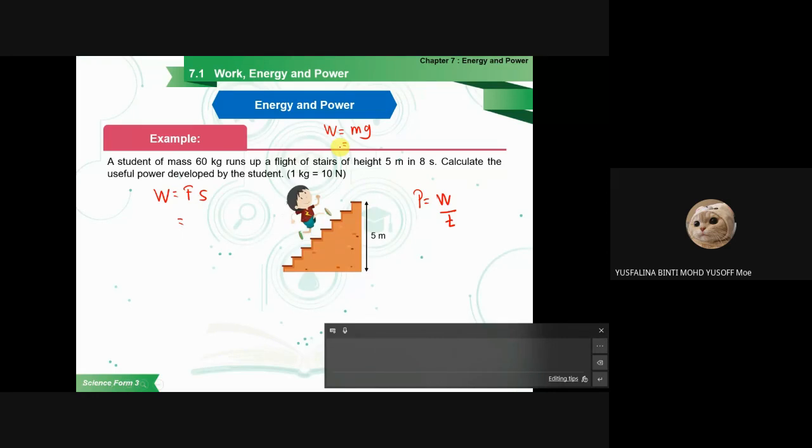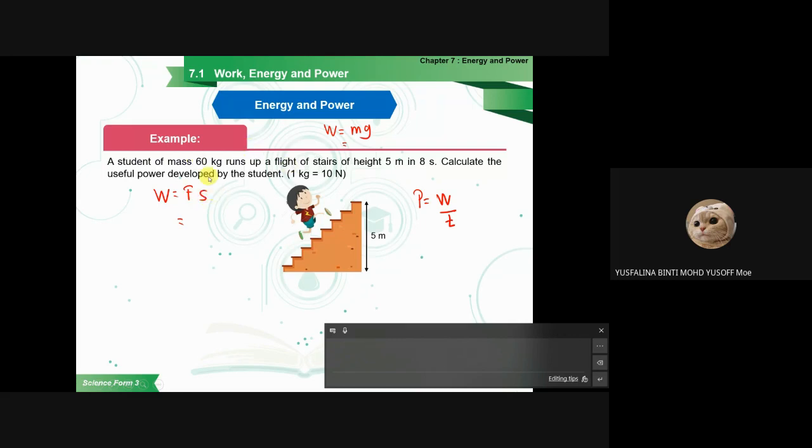So I repeat again. This is the formula that you need to use: power is equal to work divided by time. Here there is no work given, so you have to find work first. The formula for work is F multiplied by S, or displacement, so force multiplied by displacement.